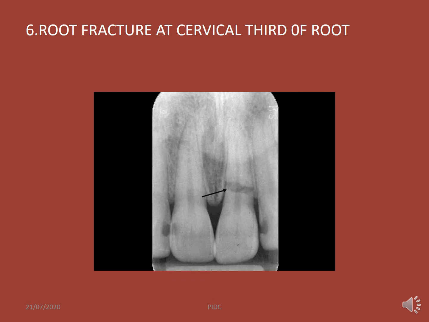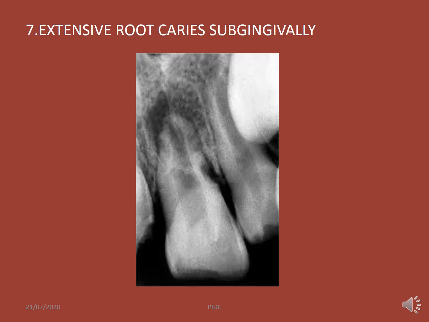So compared to middle third and apical third root fractures, the fracture occurring at the cervical third usually has the poorest prognosis and endodontic treatment is contraindicated. Extensive root caries occurring subgingivally is also a contraindication for root canal treatment.